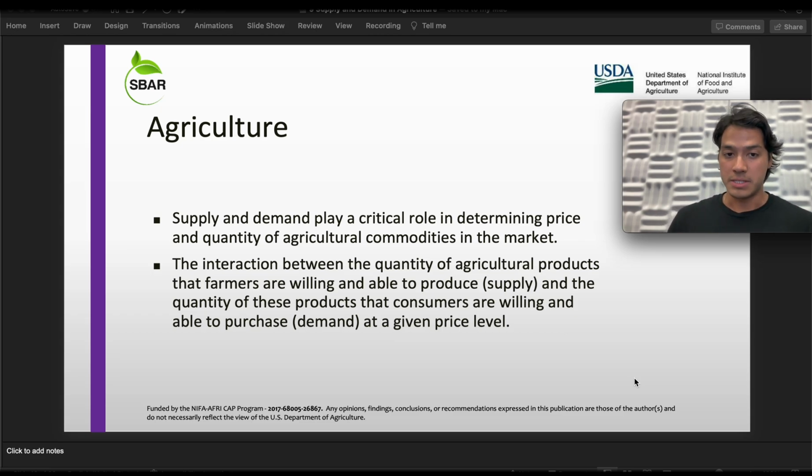This is going to be the interaction between the quantity of agricultural products that farmers are willing and able to produce, meaning the supply, and the quantity of these products that consumers are willing and able to purchase, which is the demand at a given price level.